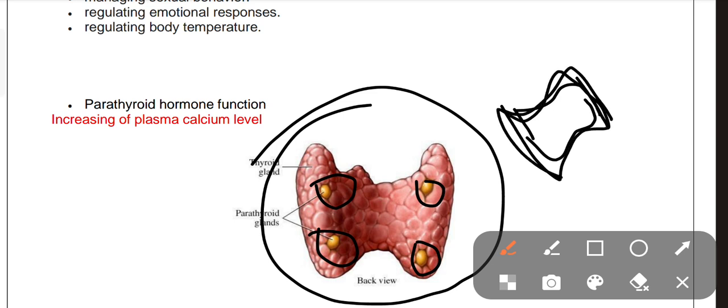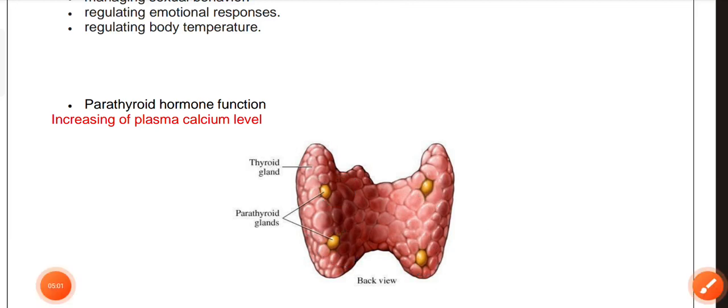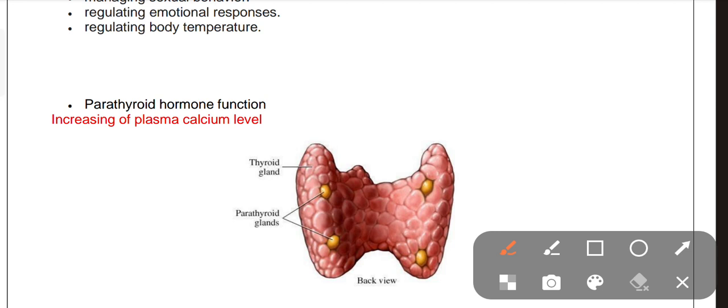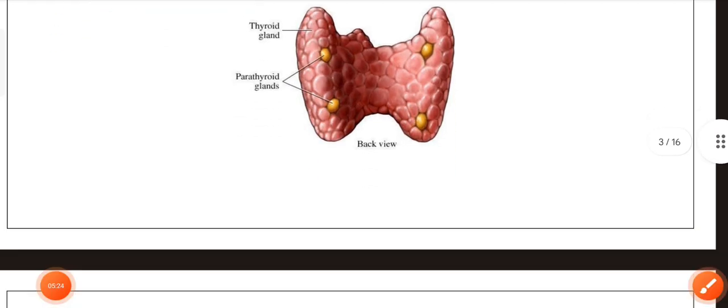At the back of the thyroid gland we can see two pairs of parathyroid glands, which produce the hormone that is parathyroid hormone. The main function of the parathyroid hormone is increasing the calcium level in the plasma, in the blood. So the calcium level in the blood is regulated by the parathyroid hormone which is produced from the parathyroid gland.